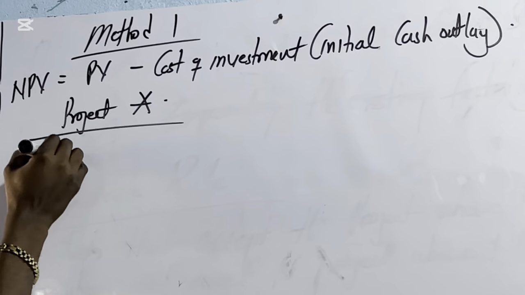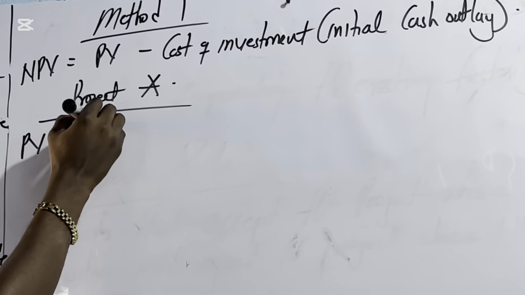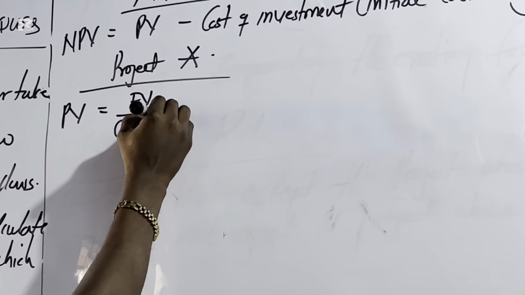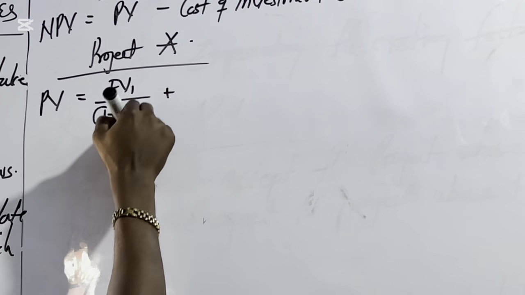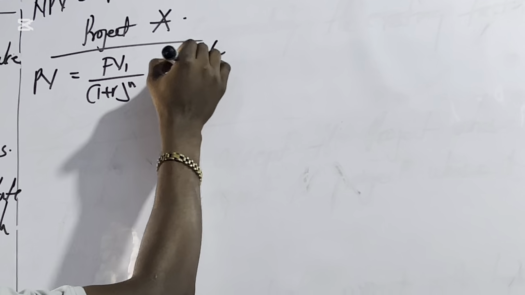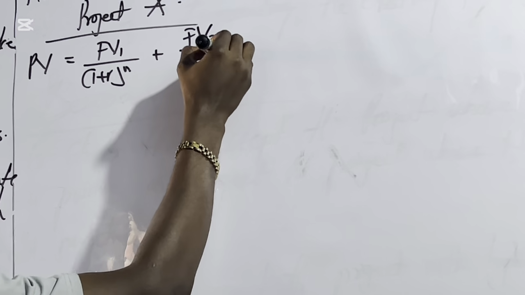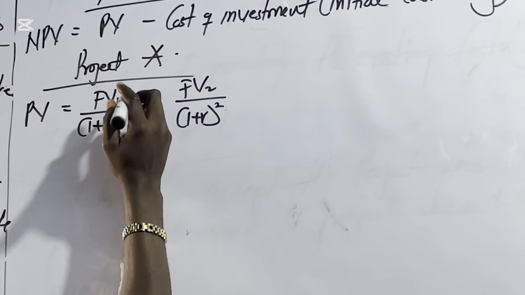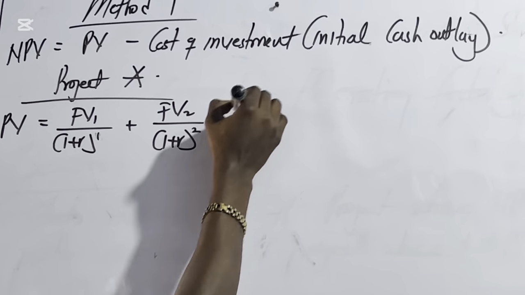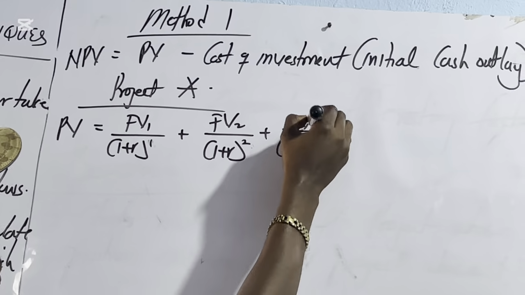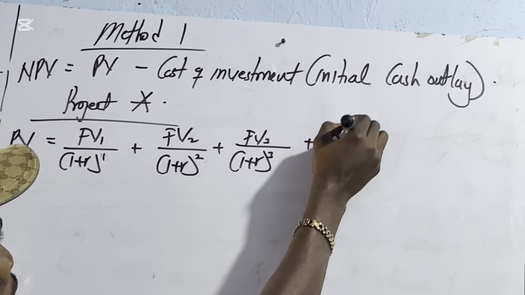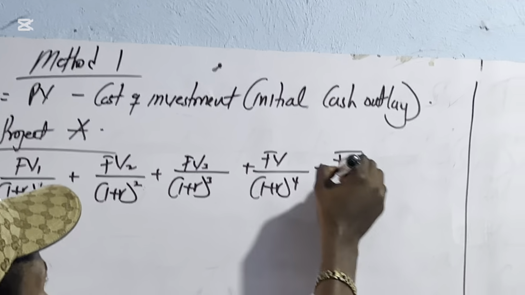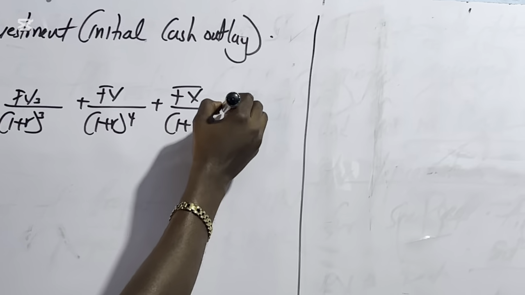So our present value can be written as future value 1 over 1 plus r raised to the power n, that is 1. Future value 2 over 1 plus r raised to the power 2, then 1 plus r raised to the power 3, 1 plus r raised to the power 4, and 1 plus r raised to the power 5.